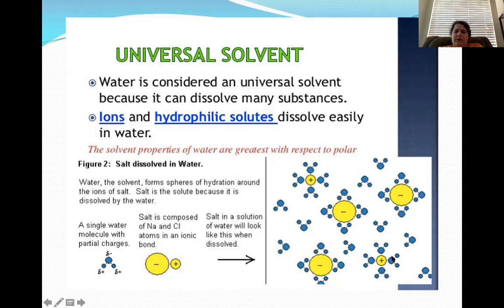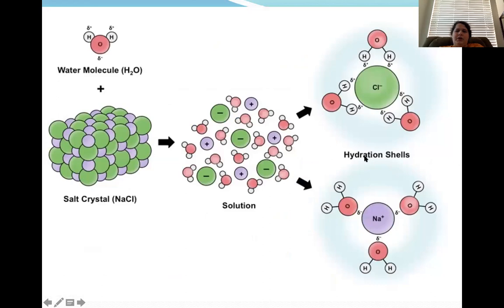If it's positive, it's going to attract the negatives. So this is the concept of opposites attract. Basically, the ends of the water molecules are going to be attracted to the opposite charge and form these little pockets. These are called hydration shells.